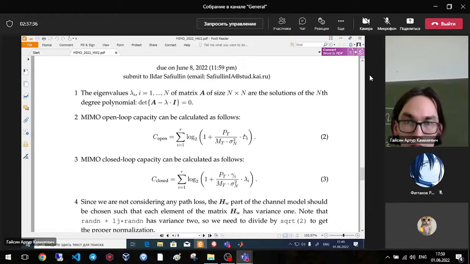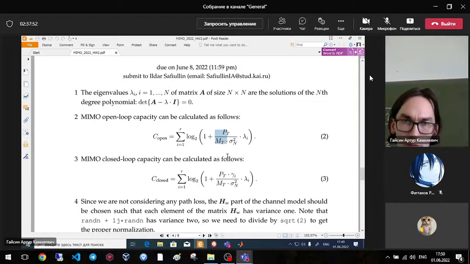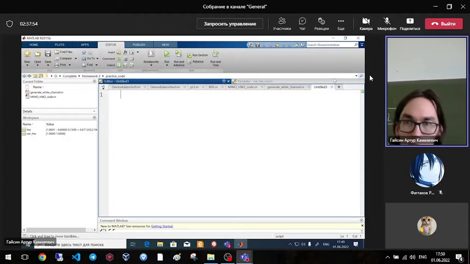Here we can see that we need to calculate the eigenvalue decomposition. Also, we need to add information about transmit power and noise power, and this one is given by empty.